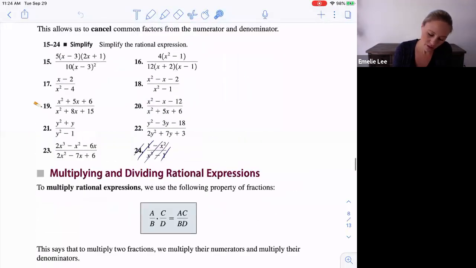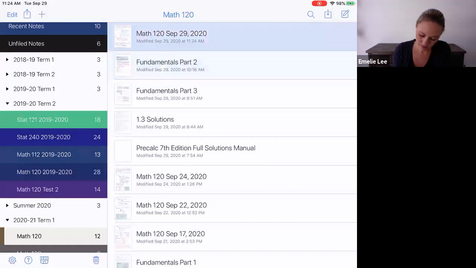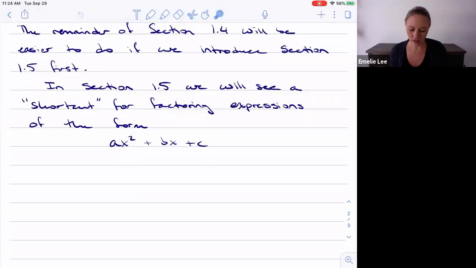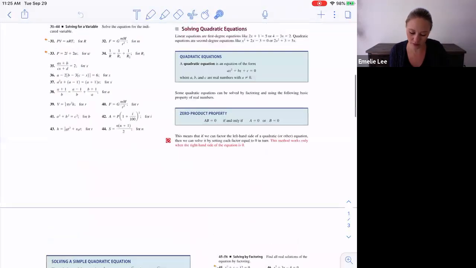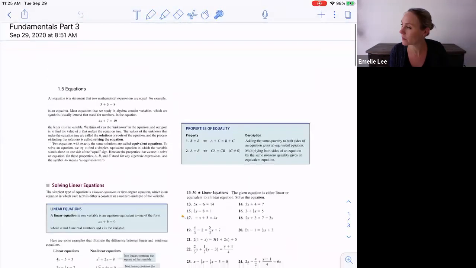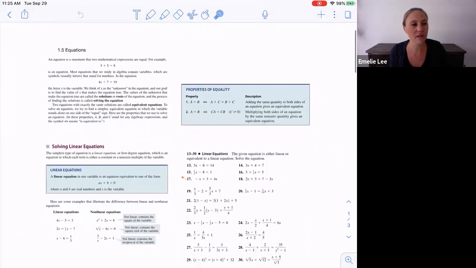Okay, so let's go into section 1.5. We'll do section 1.5 before we go back and finish 1.4. It can be confusing, but section 1.5 is in your fundamentals part 3 that I posted on Moodle. Okay. And first of all, it introduces the idea of equations, right?